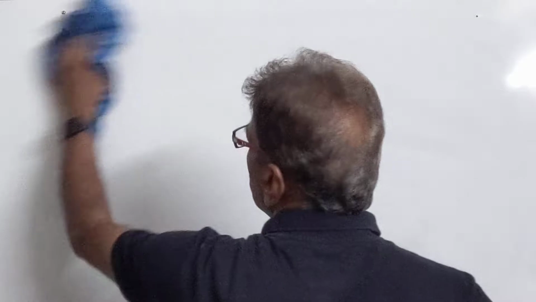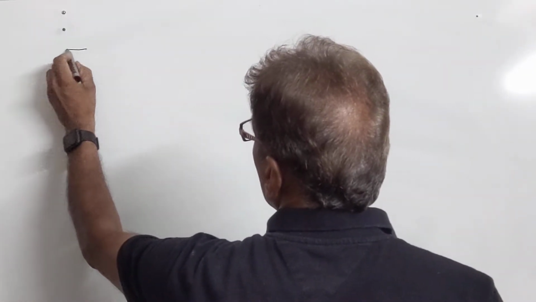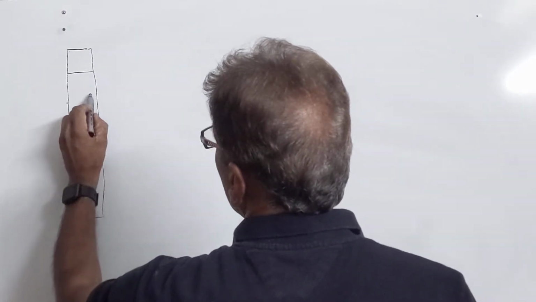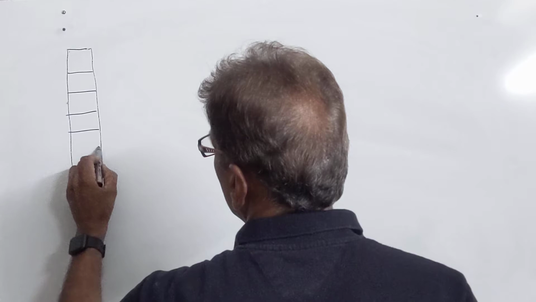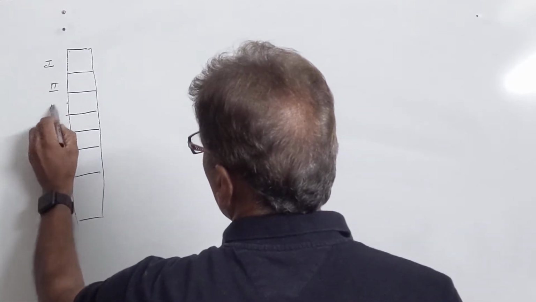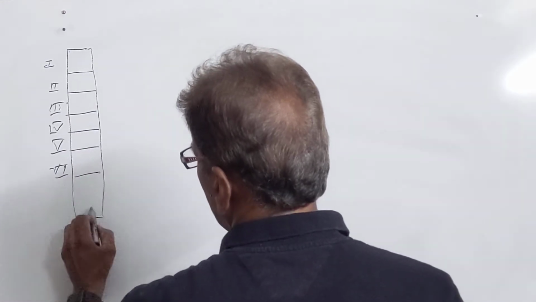There are 7 horizontal rows in the modern periodic table, which are named periods, and 18 vertical columns, which are called groups. First we make the first group, divided into 7 equal parts: first period, second period, third, fourth, fifth, sixth, and seventh period.